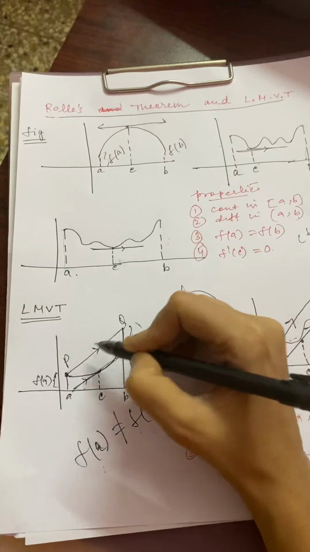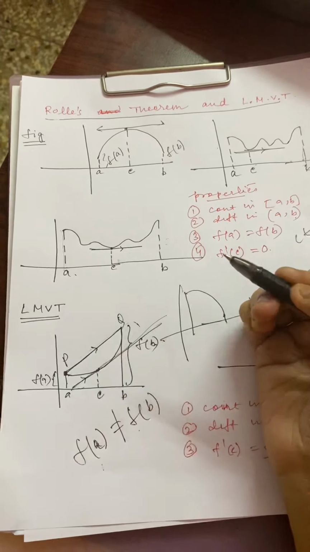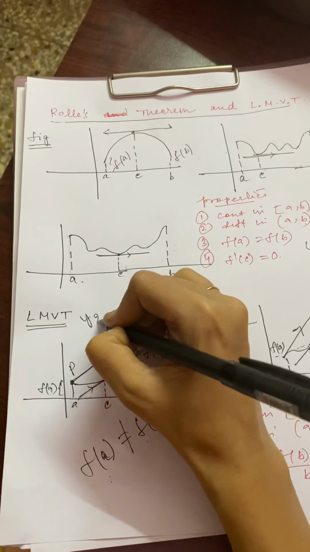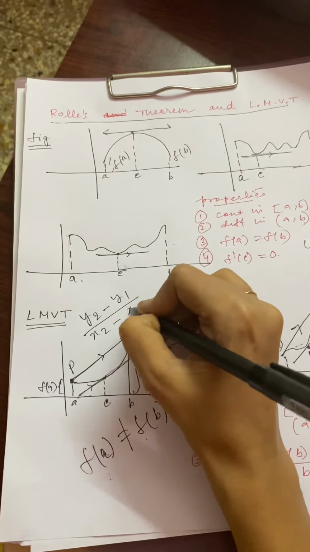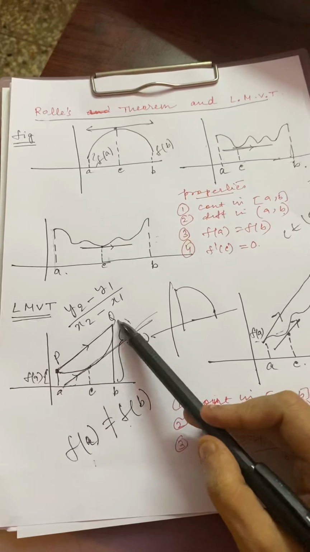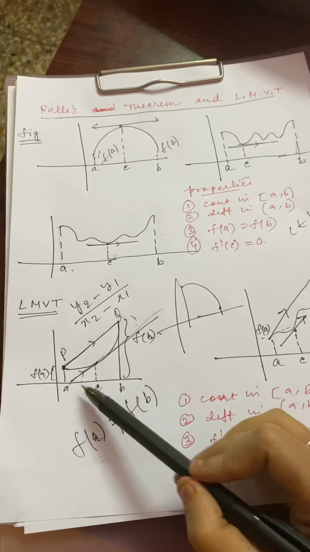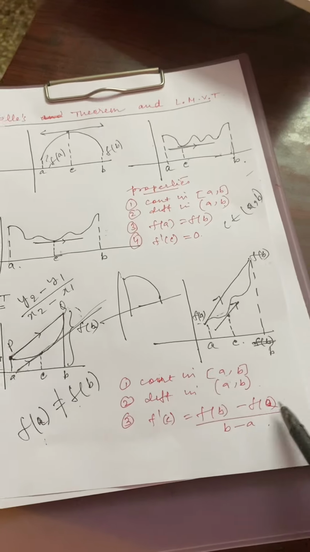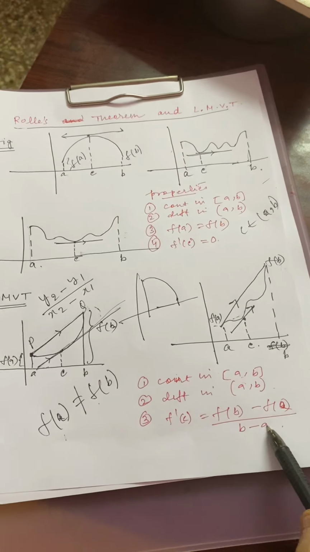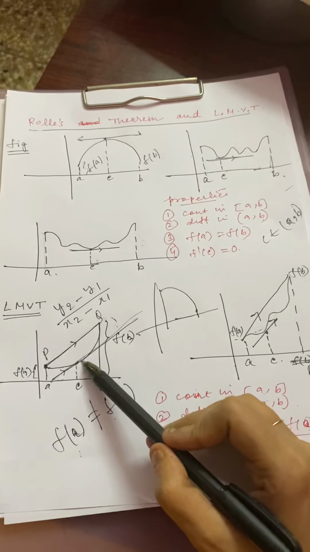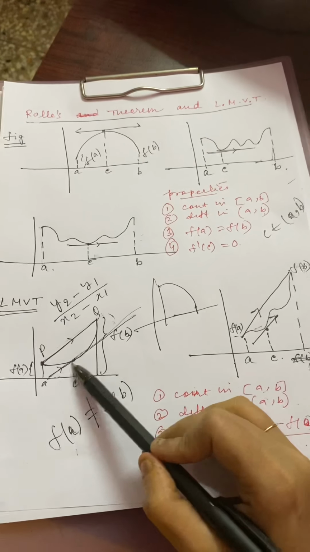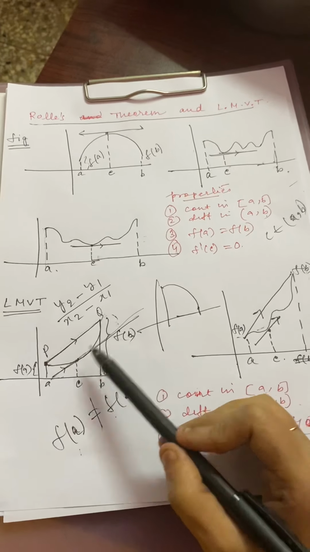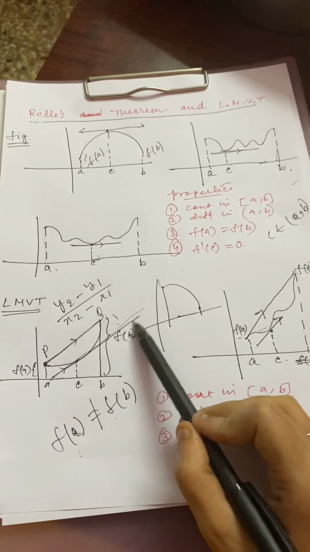If I want to find the slope of the line PQ, what is the formula you learned in class 11? That is (y2 minus y1) by (x2 minus x1), that is (f(b) minus f(a)) by (b minus a). This slope must be equal to the slope of the tangent drawn at c. What is the slope of the tangent at c?